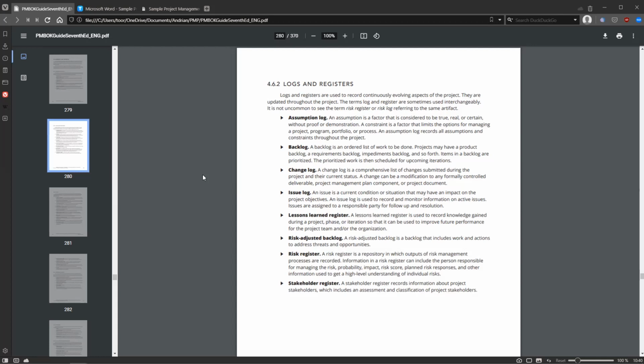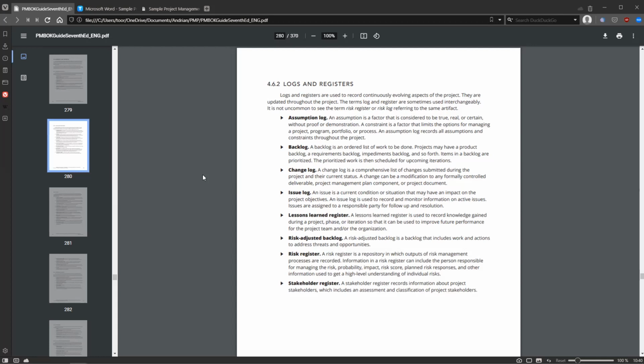First one, assumptions log. Assumptions essentially mean what do we presume, a piece of information that we believe to be true, and that it's impacting the project.